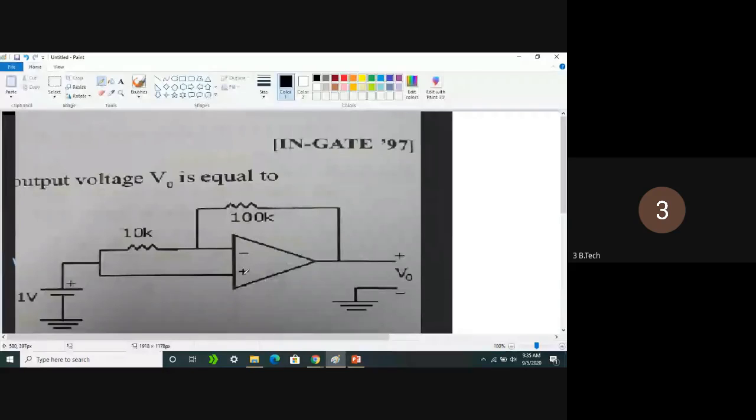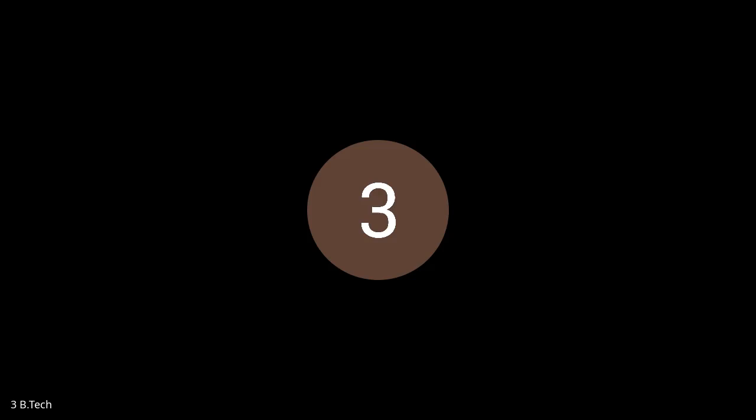This is the non-inverting terminal and this is the inverting terminal. Clear, everyone? Let me know if you have noted it down.